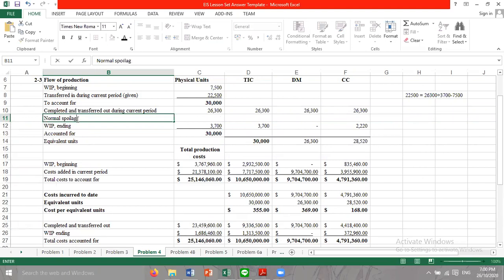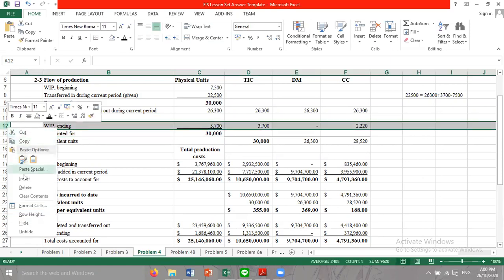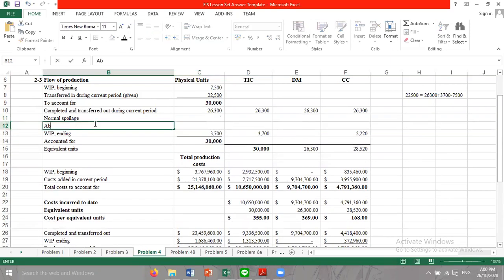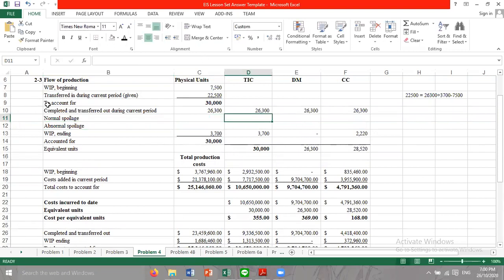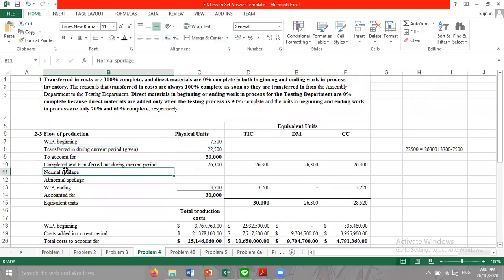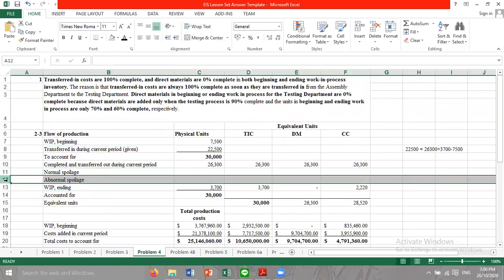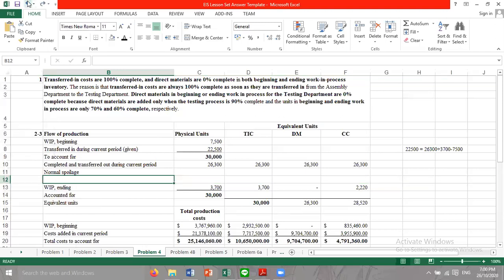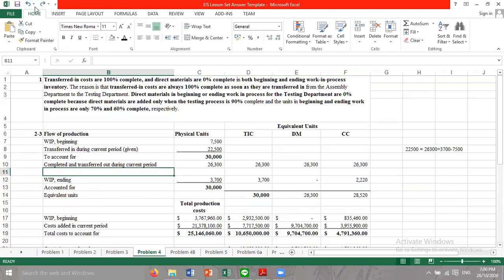And if there is any abnormal spoilage, we will also need to calculate the equivalent units of abnormal spoilage. And from there, we will automatically calculate the cost allocated for normal and abnormal spoilage down below. I think for process costing, it's best to just practice since it's very practical, and it's not really theory based.